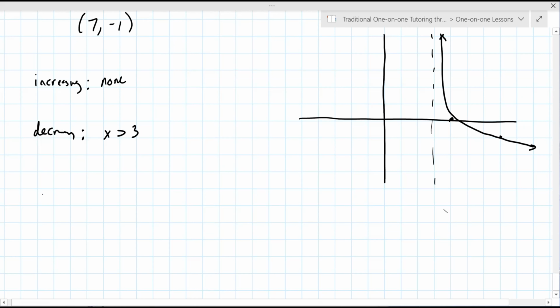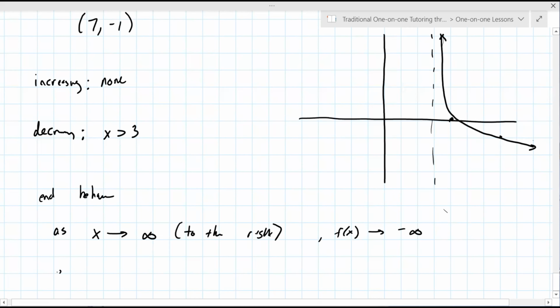Okay, and then for the end behavior, as x goes to infinity to the right, you're literally tracing this curve going to the right, and you're asking yourself, how far down does it go? F of x goes to negative infinity.